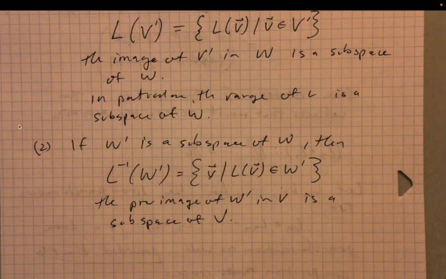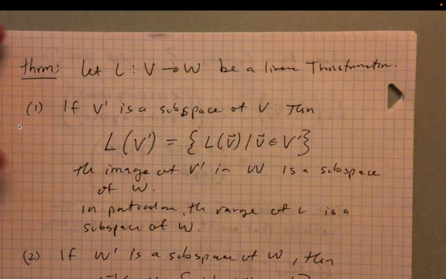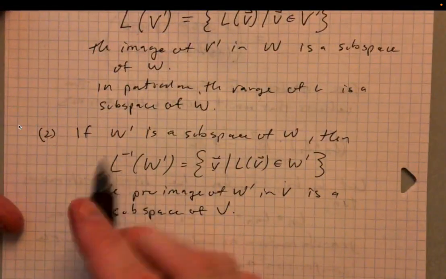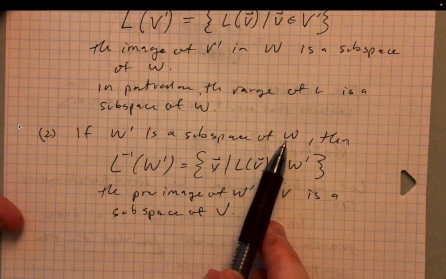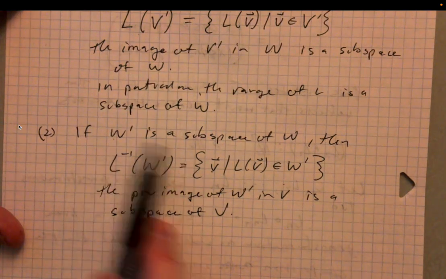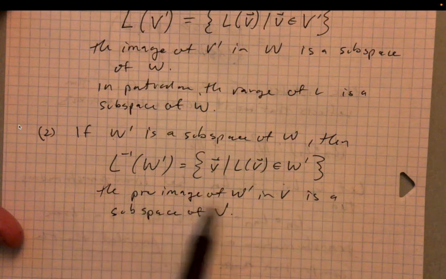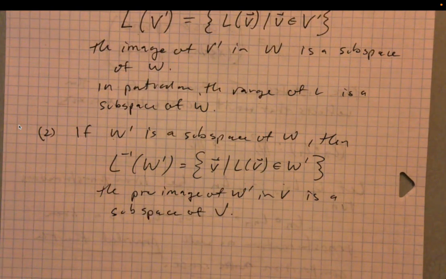So if I start in W prime, a subspace of W, remember W is the codomain here, and I take all of the elements of the subspace W prime in the codomain and apply the inverse linear transformation, then I get the pre-image of W prime in V. And this is also a subspace.